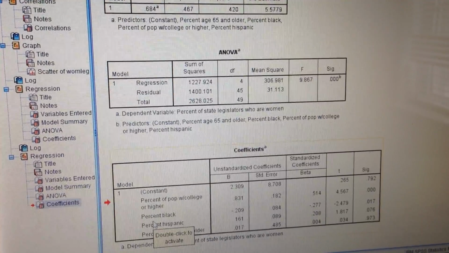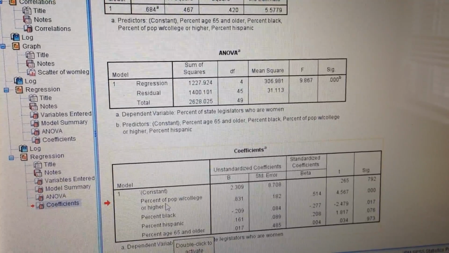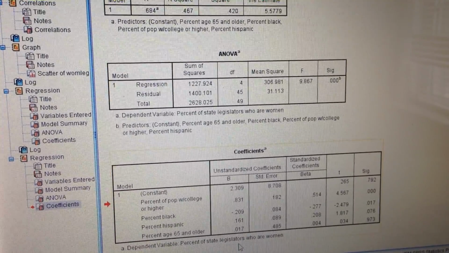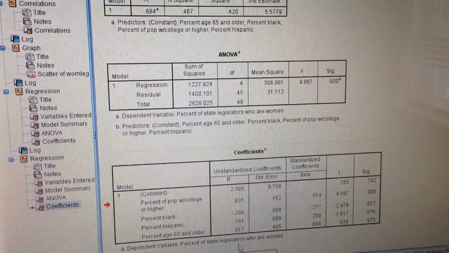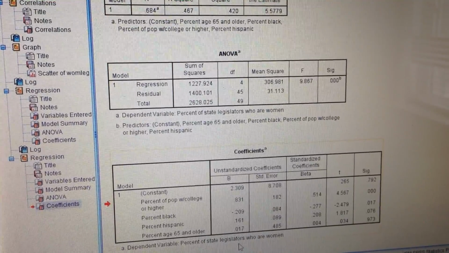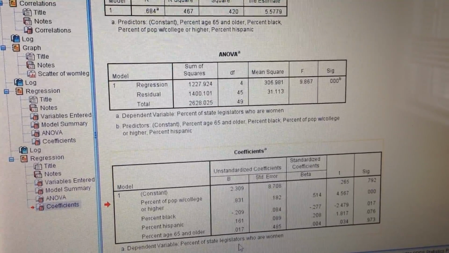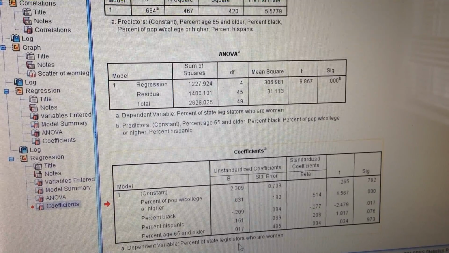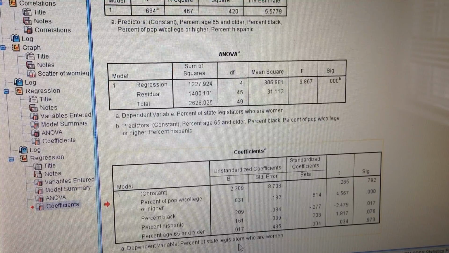Well, look, we know that there's going to be more than 4 factors that determine the percent of a state's legislators who are women. We can start to name them. We can say, oh, maybe a certain state has particularly charismatic female politicians, and that would matter.